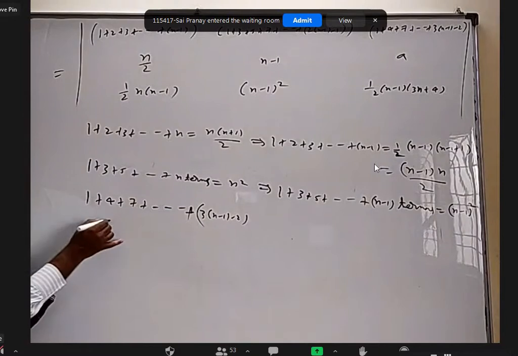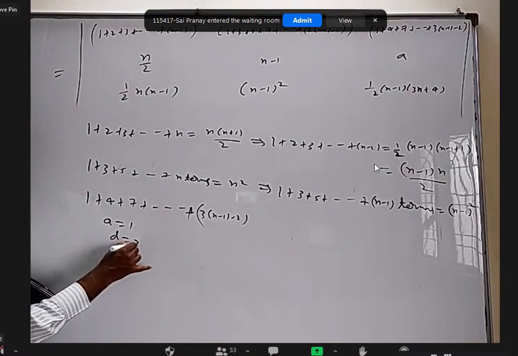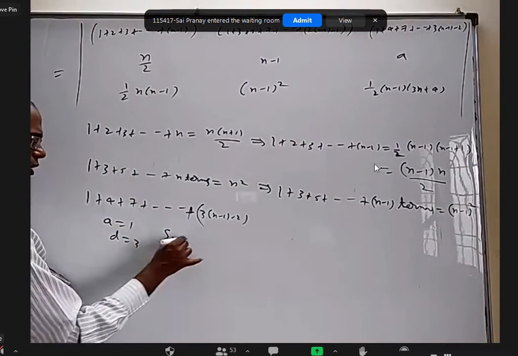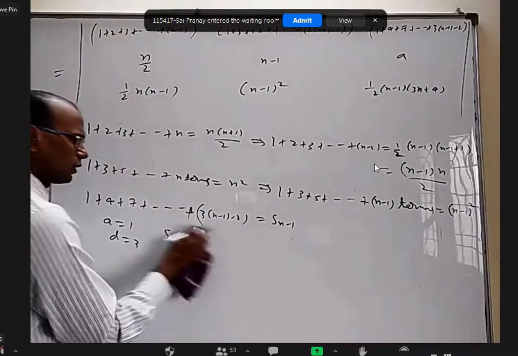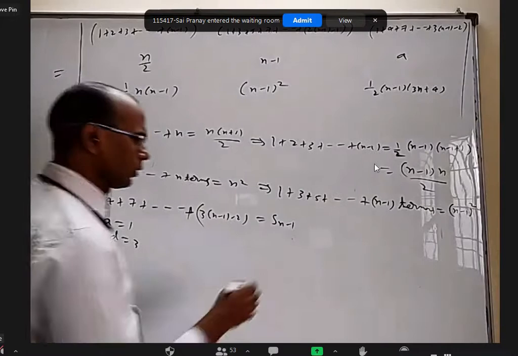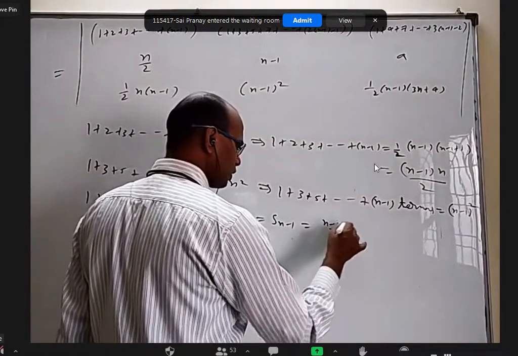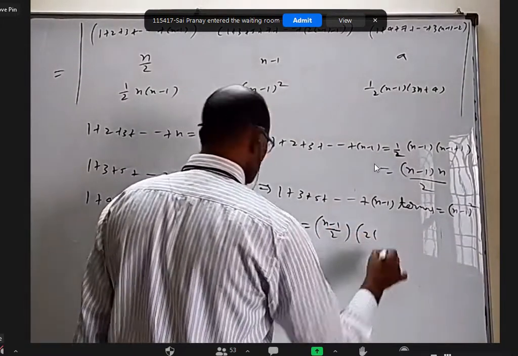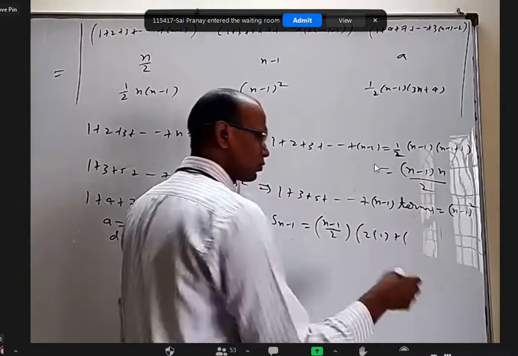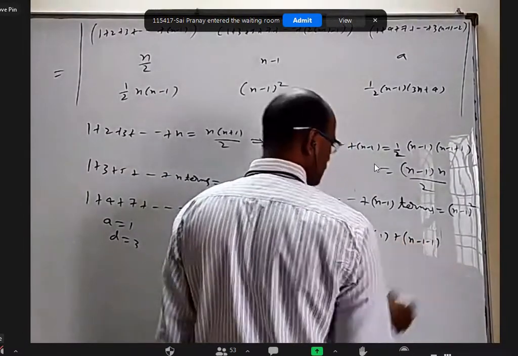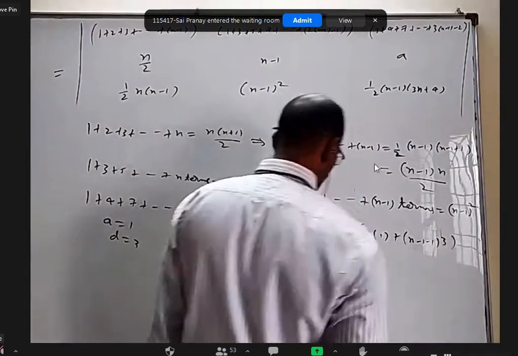This is an AP with first term 1, common difference 3. I want the sum of n minus 1 terms, not n terms. So that will be n minus 1 by 2 into 2a. A is 1. And normally n minus 1, now I have to write n minus 2 into common difference 3.